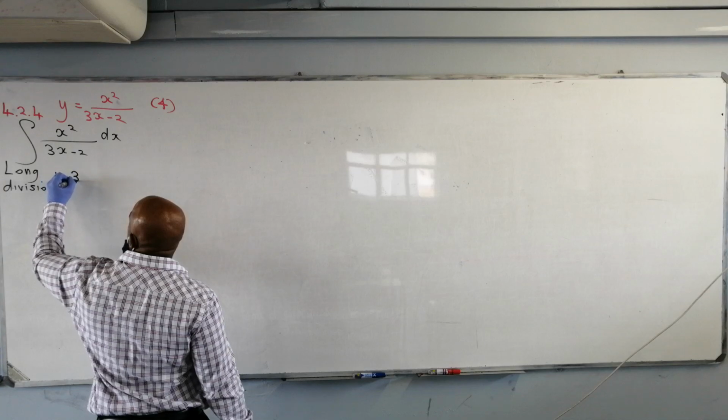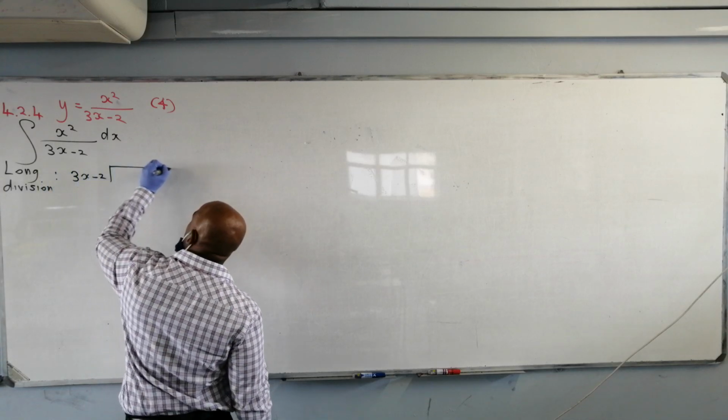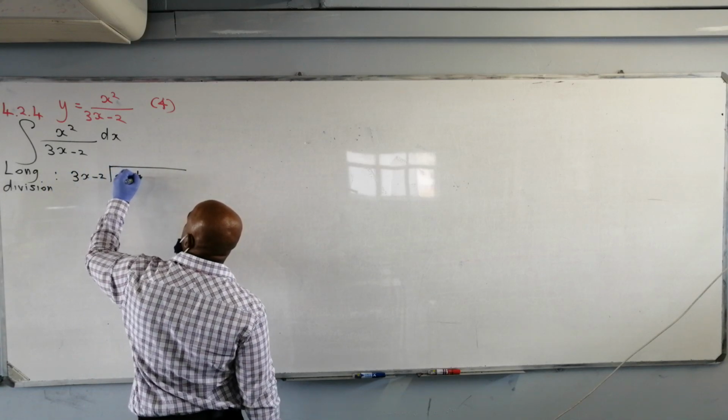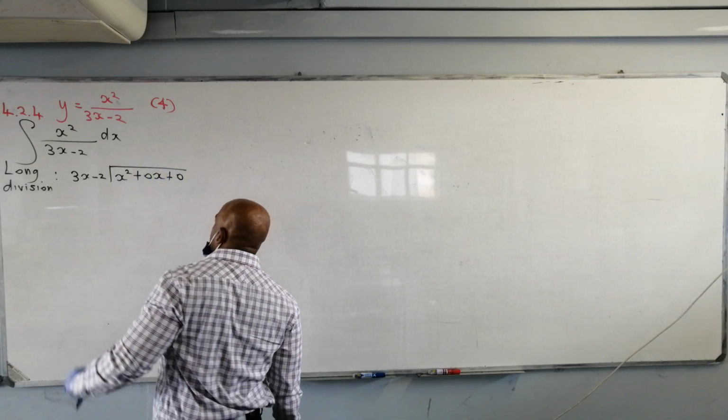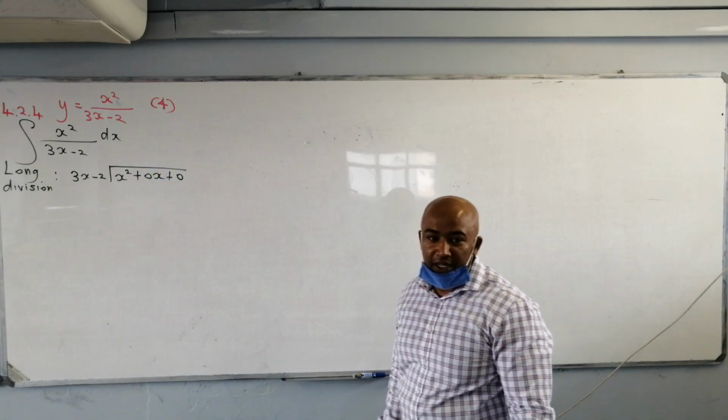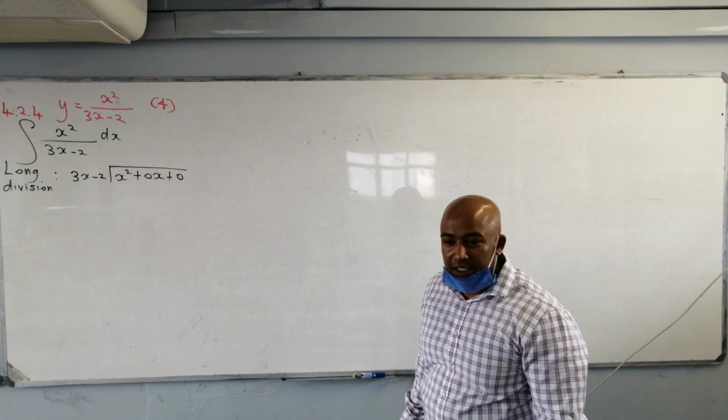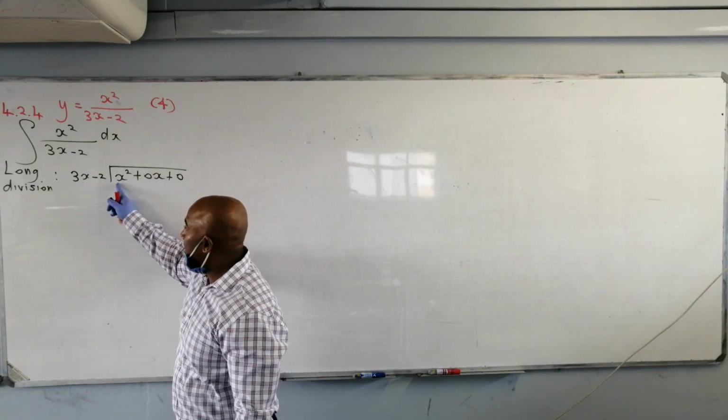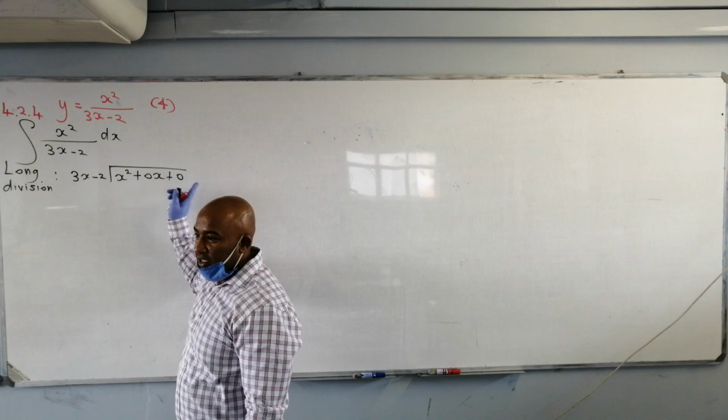Your divisor is 3x minus 2 and the dividend is x squared plus 0x plus 0. Don't just write x squared here. Include plus 0x plus 0. It must be in the form ax squared plus bx plus c.